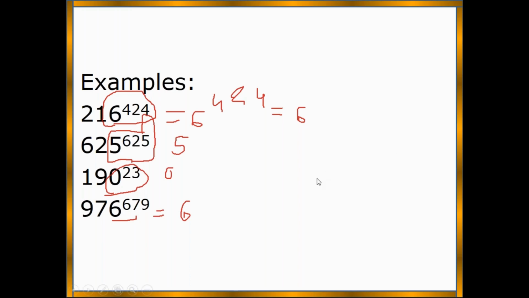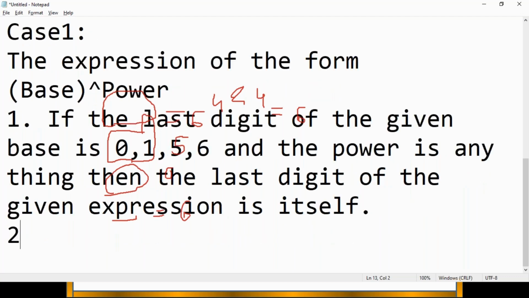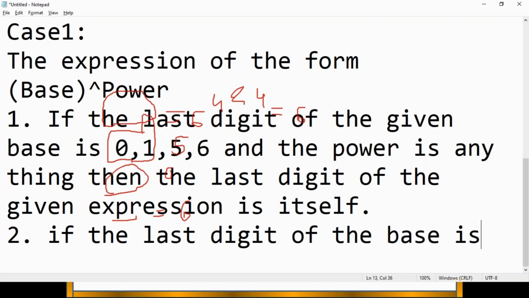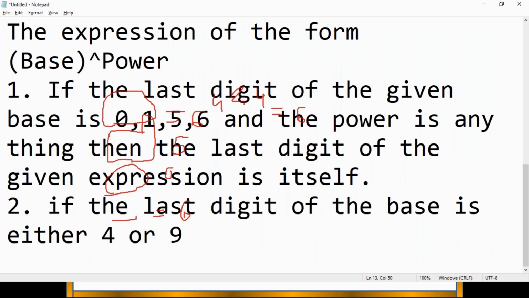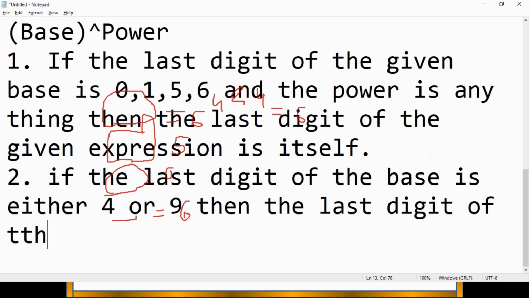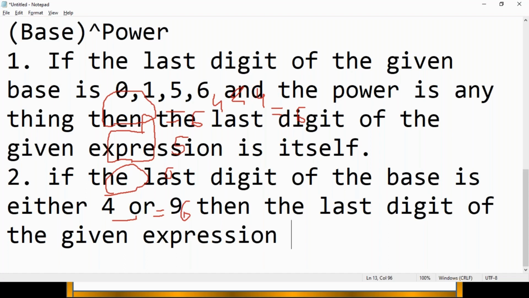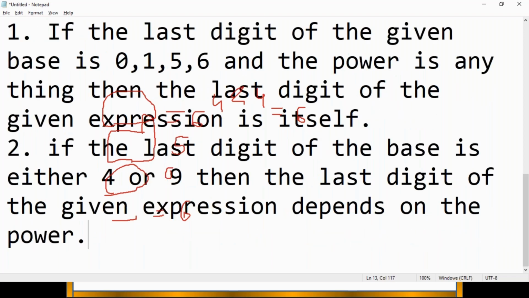So write down the second point. If the last digit of the base is either 4 or 9, then the last digit of the given expression depends on the power.